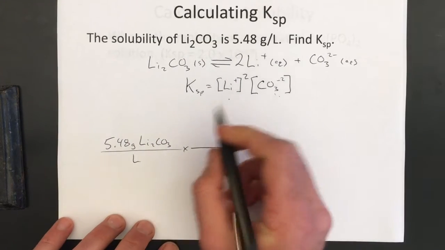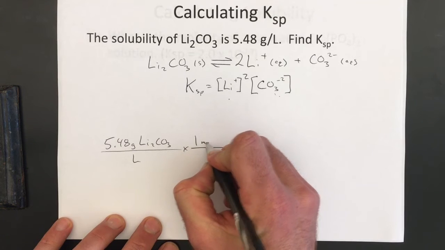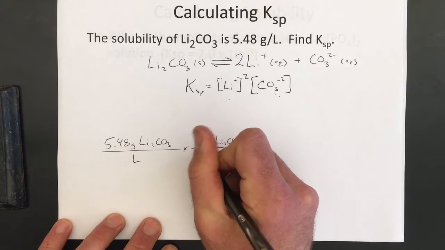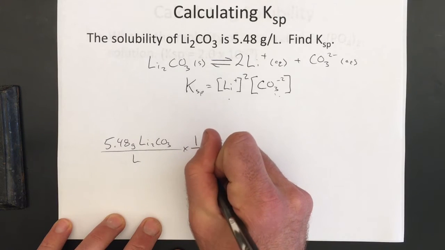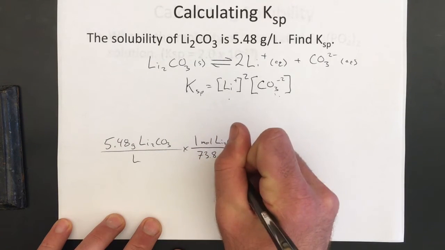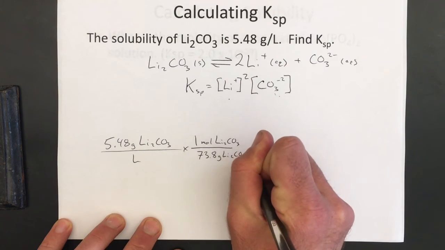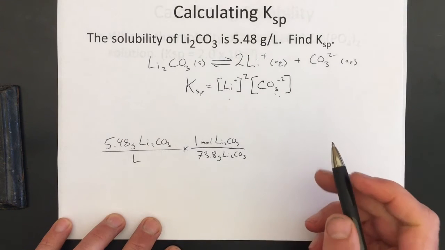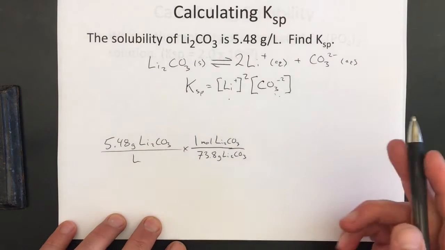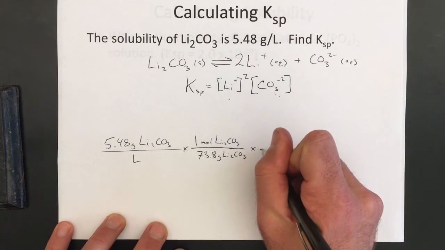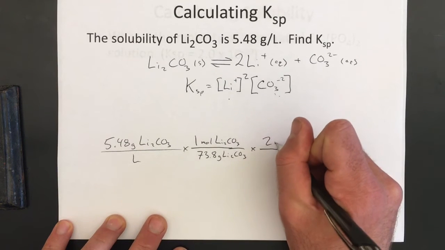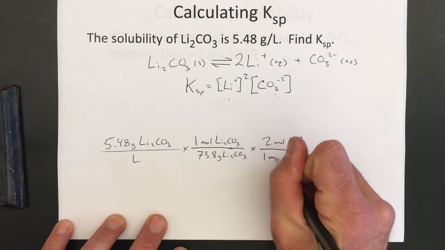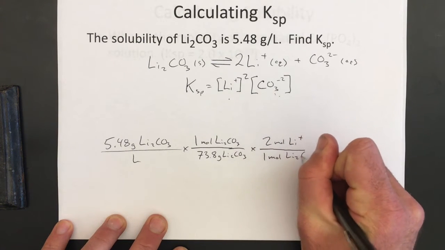We'll multiply this by the molar mass, so 1 mole of Li2CO3 for every 73.8 grams of Li2CO3. This will give us moles per liter, or molarity. We want to find it for each ion, so let's look at the ratios here. We know that there's 2 moles of lithium ion produced every time you have 1 mole of Li2CO3.